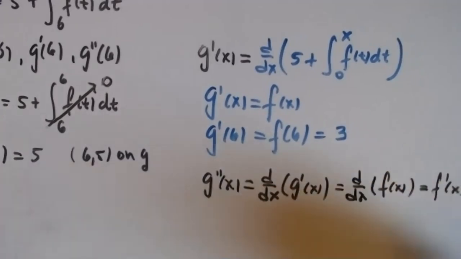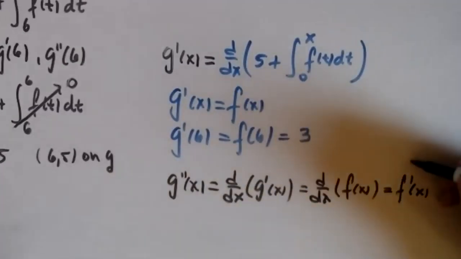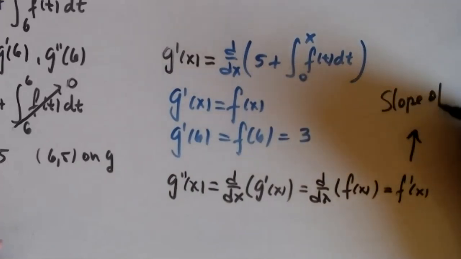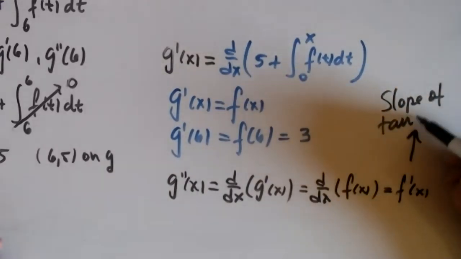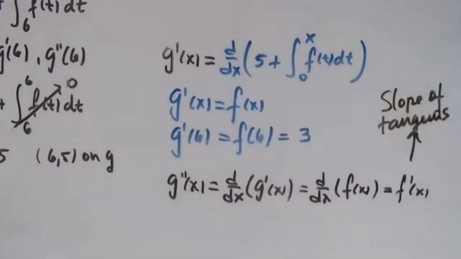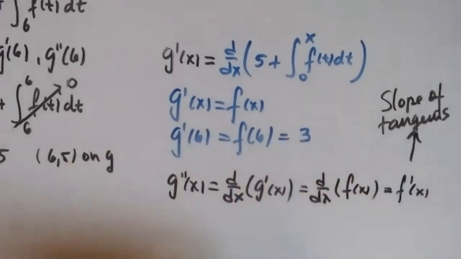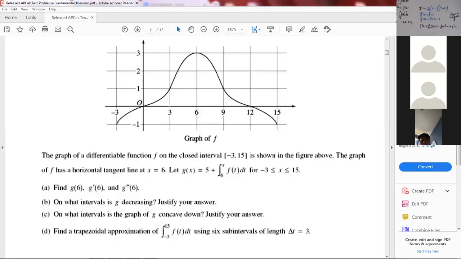Correct? The derivative. So this is geometrically the slope of tangents. Why is it important I remember this is the slope of tangents? Because I have no function, I have only a graph. So here is the graph.